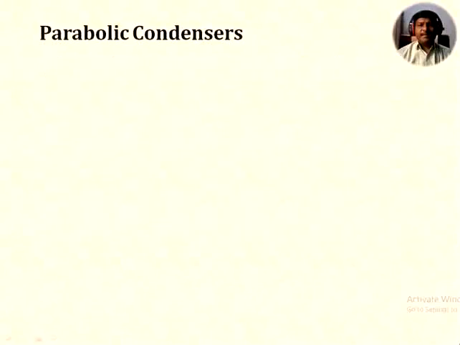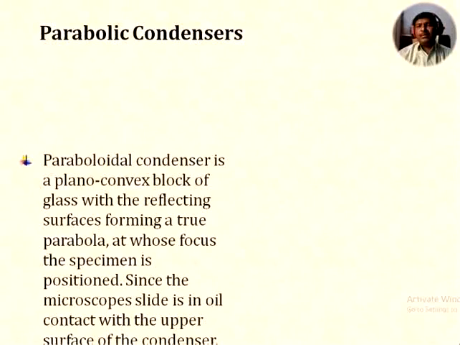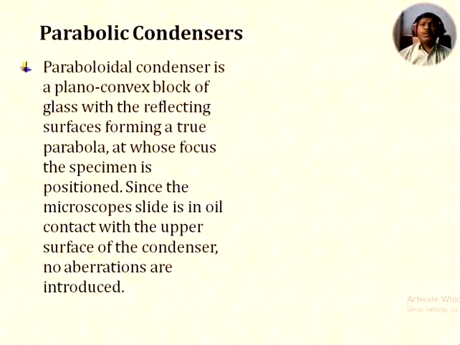Now the other condenser, the parabolic or paraboloidal condenser, is a plano-convex block of glass with the reflecting surface forming a true parabola, at whose focus the specimen is positioned.